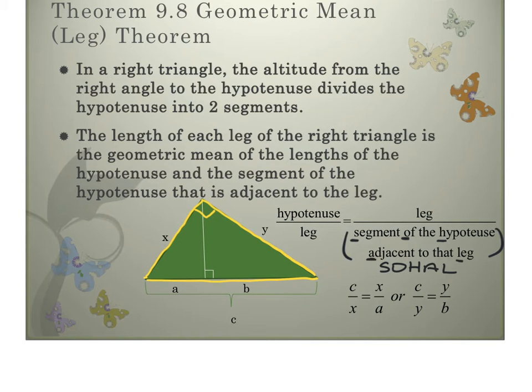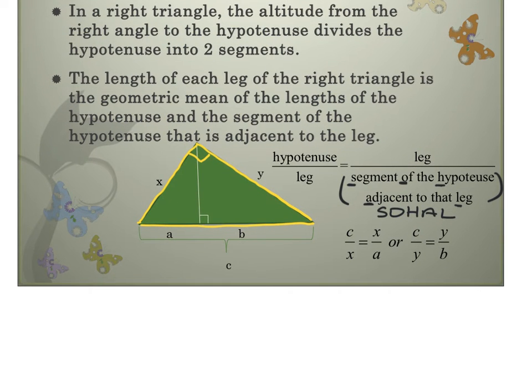So let me show you what this means. We would have two different proportions here because remember, C is the hypotenuse of the original triangle.